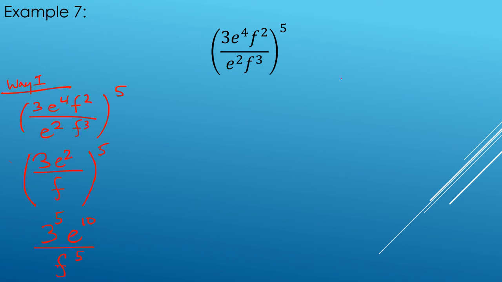Okay, now on the right, we'll do way 2, or approach 2, a different way to do this problem. Okay, so we could start by passing out that 5 to everything first and then start canceling. So I'll start with the beginning.